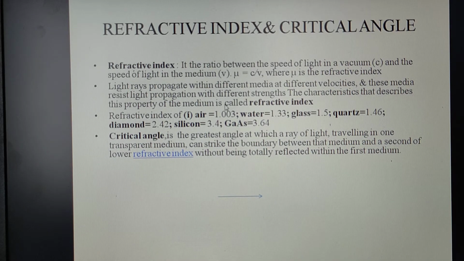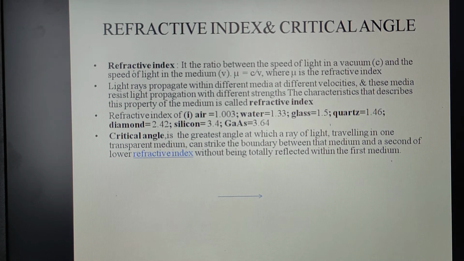Critical angle is the greatest angle at which a ray of light traveling in one transparent medium can strike the boundary between that medium and a second of lower refractive index without being totally reflected within the first medium. That means when you're moving from a medium of higher refractive index to lower refractive index, what happens to the refracted ray?